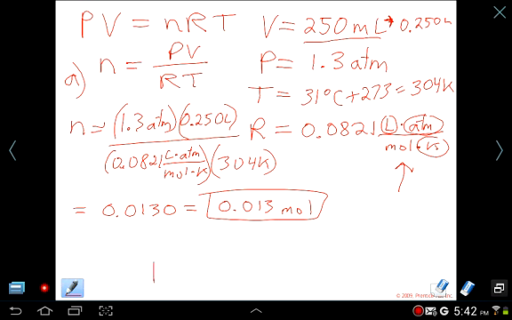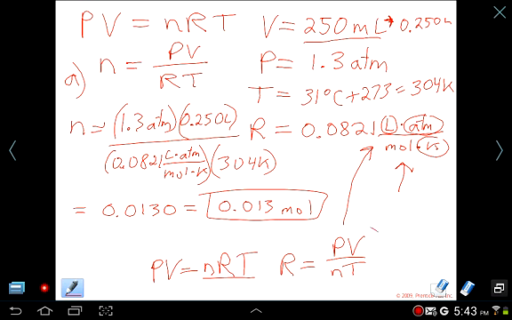Now, if you take this PV equals nRT equation, and you rearrange it to solve for the gas constant R, we'll have to divide by nT on both sides. What we'll get is PV divided by nT. And this is precisely, if you take a look, the way the units are set up. You get pressure and volume on top, and you got mole and temperature on the bottom.